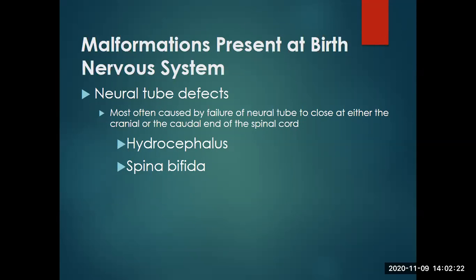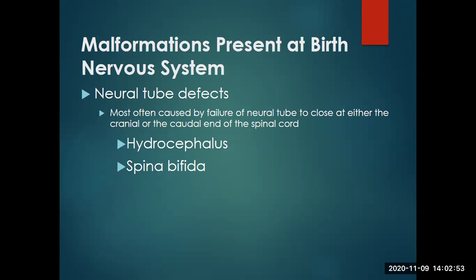The first one we're going to look at is the nervous system. Remember way in the beginning, we always talk about the nervous system, the mother taking certain vitamins and so forth, just to make sure that the baby doesn't have any type of neural defects. So now we're going to look at some of these defects that can happen. The first one is the neural tube defects.